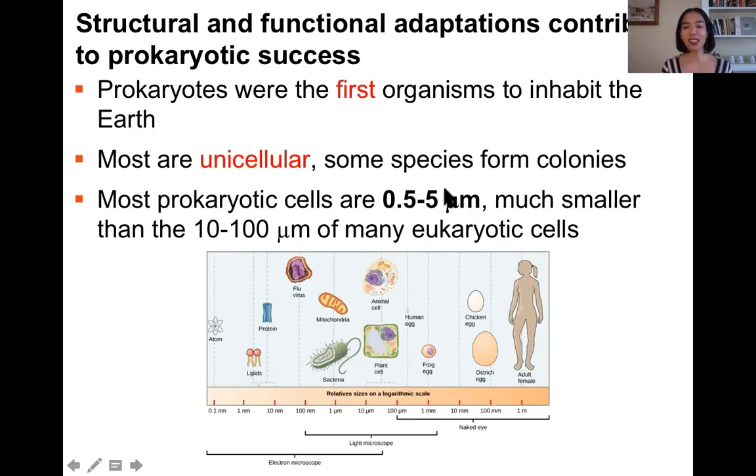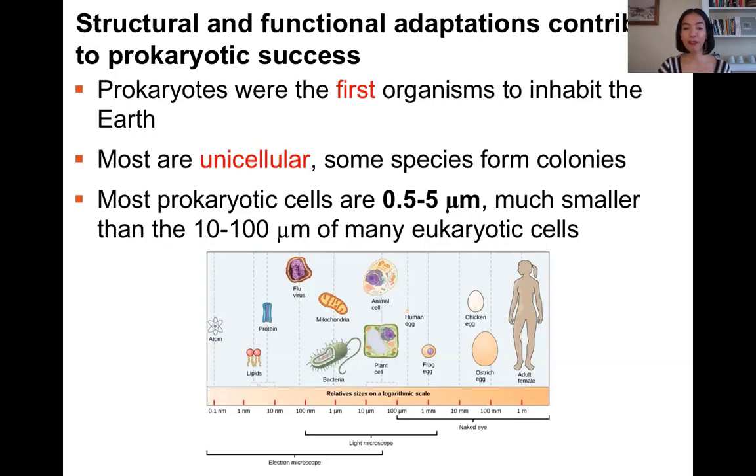Prokaryotes were the first organisms inhabiting Earth. They are unicellular, and some of them can form colonies. They are smaller than eukaryotes. We can see here in this figure the representation of the atom, etc. Then we have virus, and bacteria, along with mitochondria, have this size, which is 0.5 to 5 micrometers.